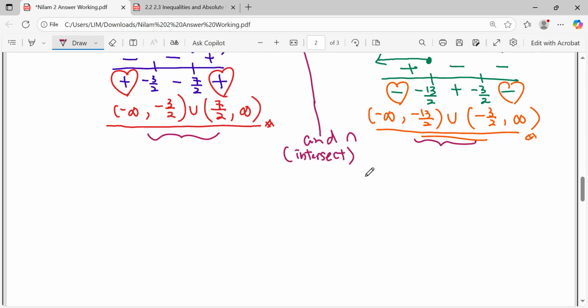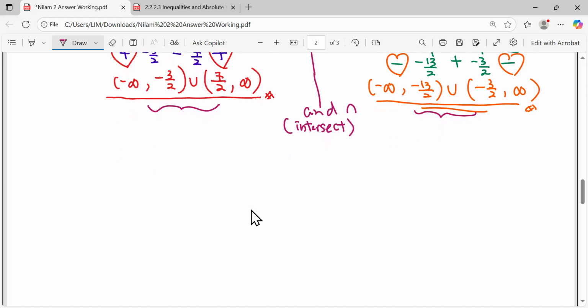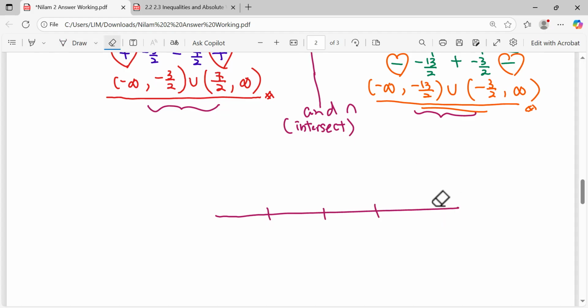So finally we have to combine these two answers into a number line. So we have four numbers here, one, two, three different numbers, four regions.